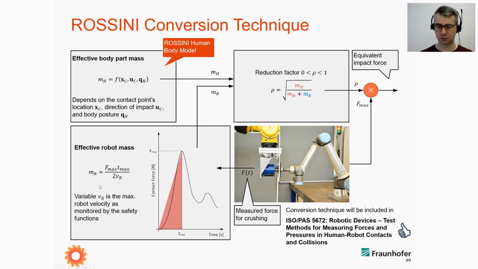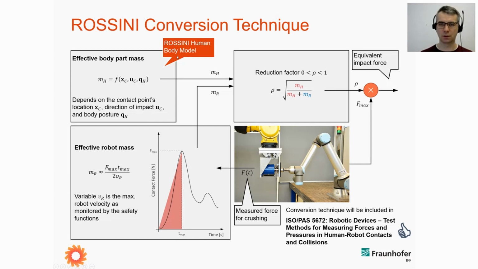We overestimate the robot mass, which is good because this gives us a conservative margin and will not lead to an underestimation of the contact forces. Good. What we also need is the effective body part mass. This is much more complex, because the effective mass of the human body depends on the contact point's location, on the direction of the impact, and on the body posture. So for that we need a model.